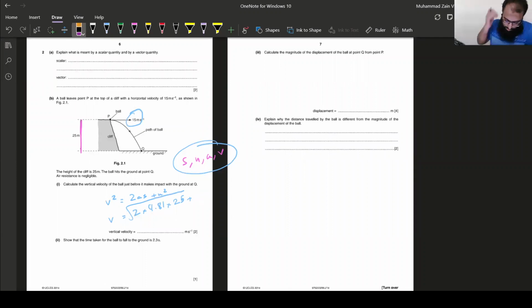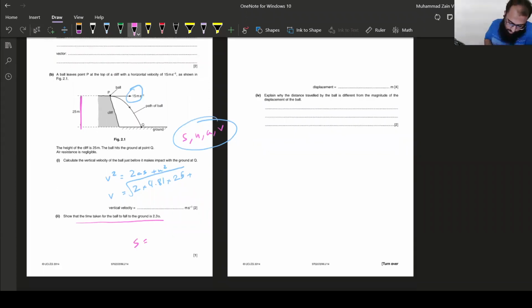And the next part is show that the time taken for the ball to fall to the ground is 2.3 seconds. So obviously, I can now do this again as well. And this time I'll use this formula, S equals 1 over 2 at square plus ut. In fact, you can use any formula right now because we know all the information except the time.